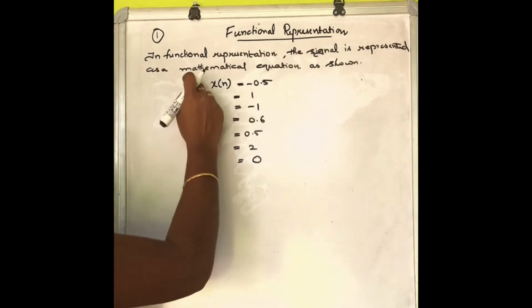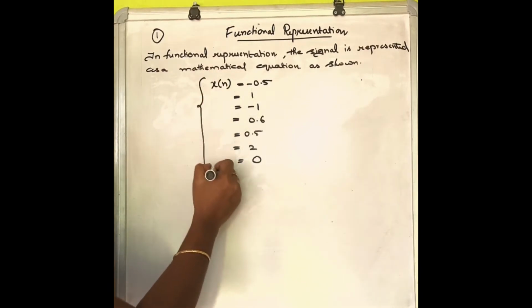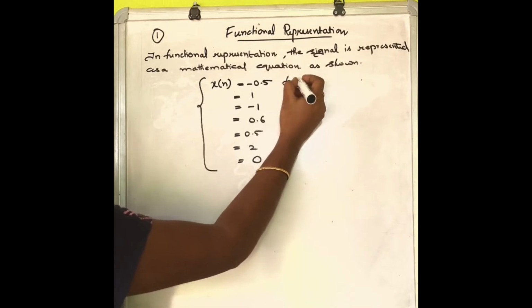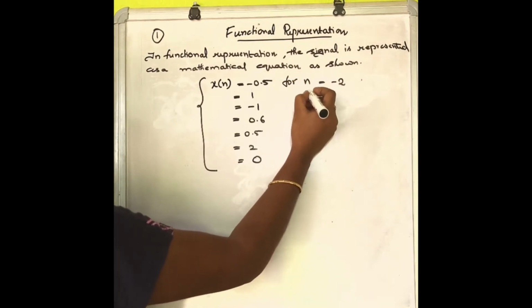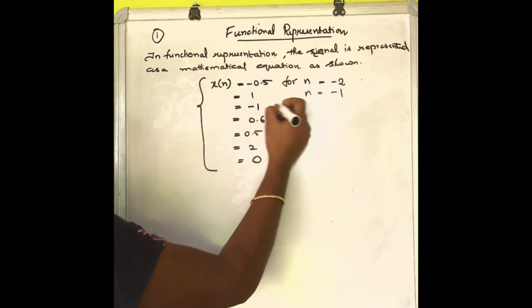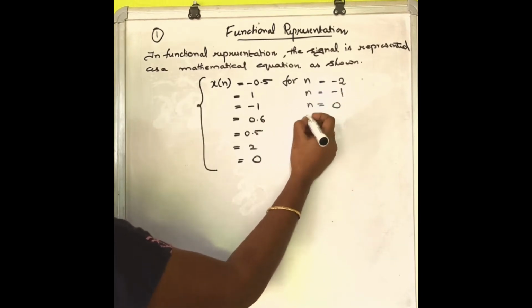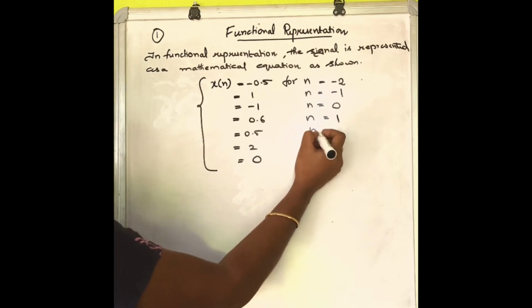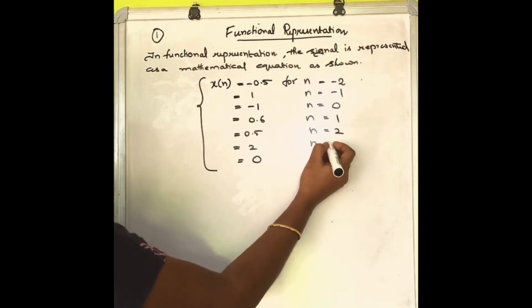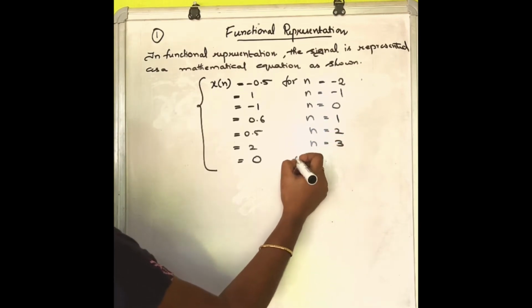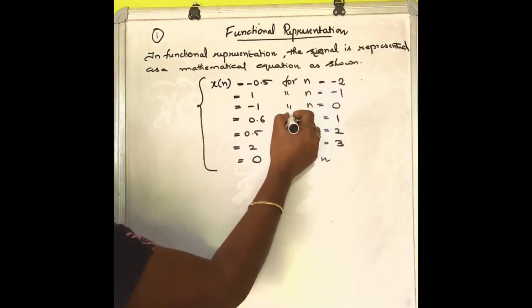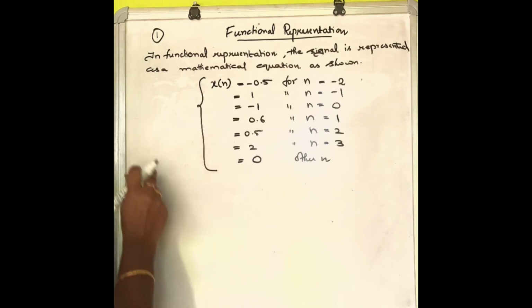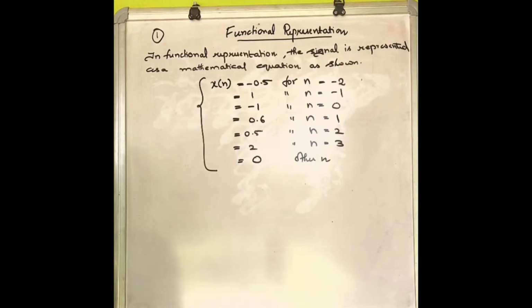Now these are the values of x of n for n equal to -2, n equal to -1, n equal to 0, n equal to 1, n equal to 2, n equal to 3 and 0 for other n. So this is called the functional representation.